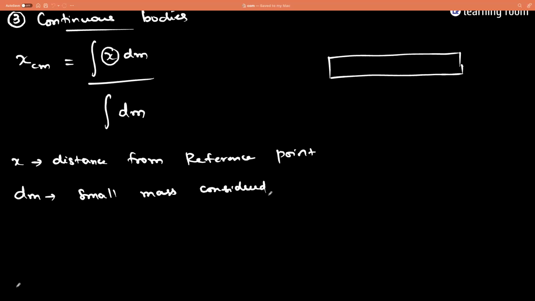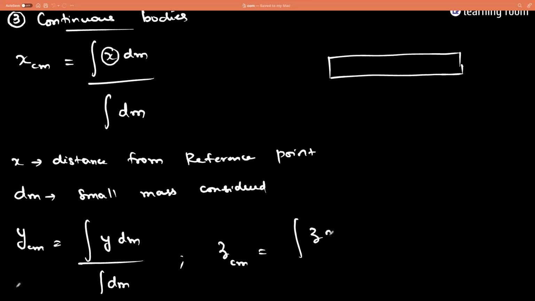So this is how it is going to be. Similarly, the y coordinate of the center of mass will be the integral of y dm divided by the integral of dm, and the z coordinate of the center of mass will be equal to the integral of z dm divided by the integral of dm.